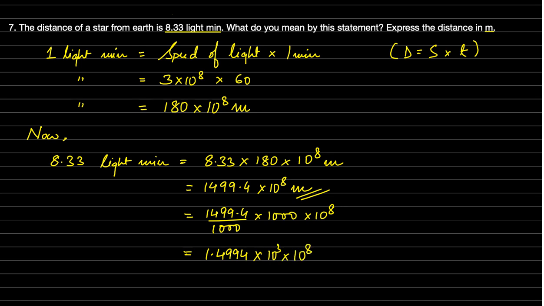So we get 1.4994 into 10 to the power of 3 plus 8, which gives us 11, and it will be in meters, which can be approximated as 1.5 into 10 to the power of 11 meters. So this completes this particular exercise, that is exercise 1A.